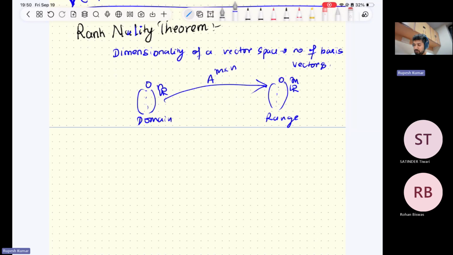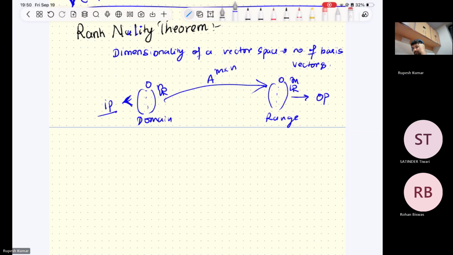Then the rank nullity theorem says, let's give some name to this set. I can't use R, so let's take this input set as input, and let's take this output set as output.